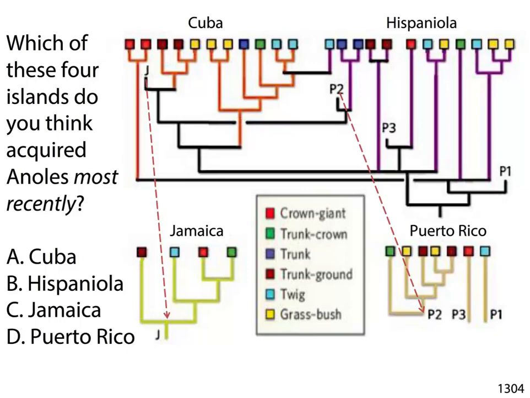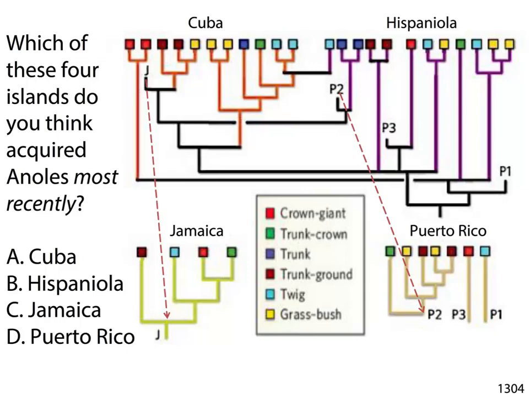Which of these four islands do you think acquired anoles most recently? Cuba, Hispaniola, Jamaica, or Puerto Rico? First off, pause this for a second and take a shot at it. Now, if you've paused it and you've got your guess, the next question is which one?